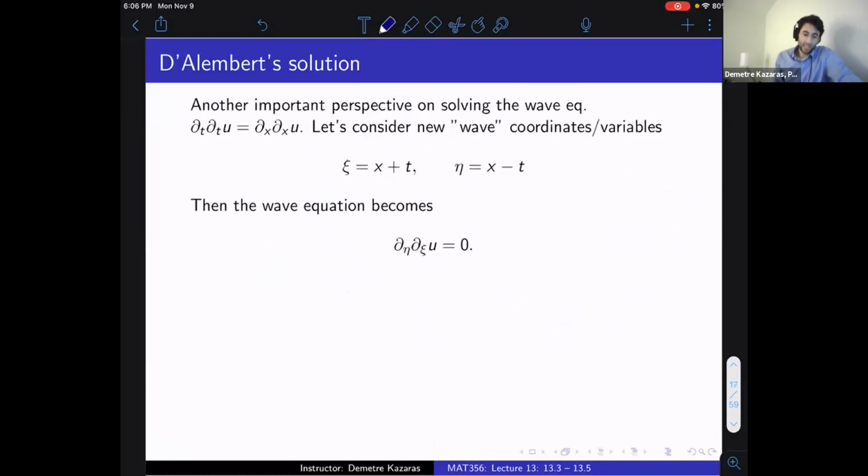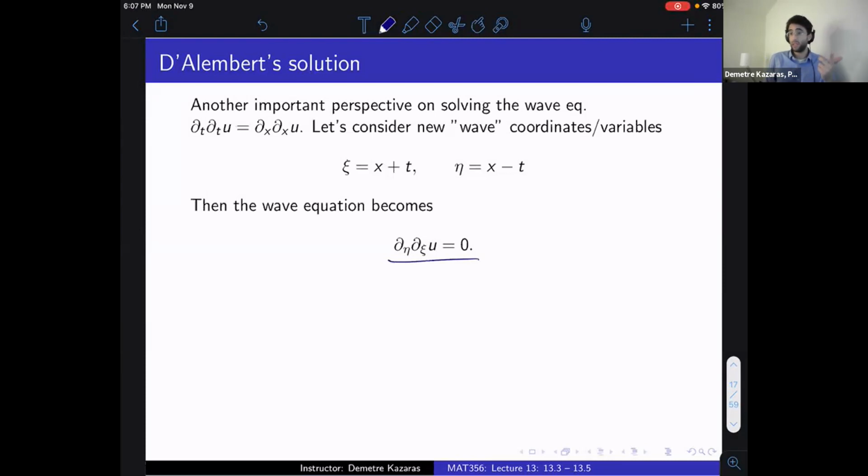If you think of u as a function of xi and eta now instead of x and t, which you can do because there's a formula that allows you to go from one to the other, then the equation is very simple. It's just partial with respect to one of the variables, then partial with respect to the other one, equals 0.